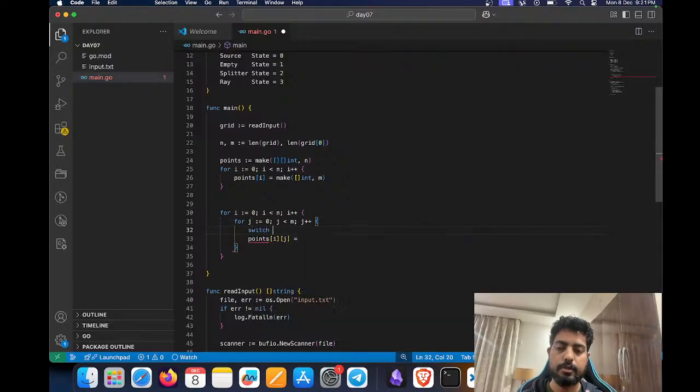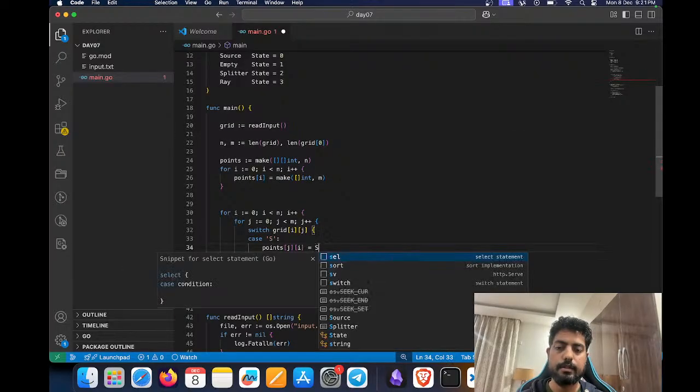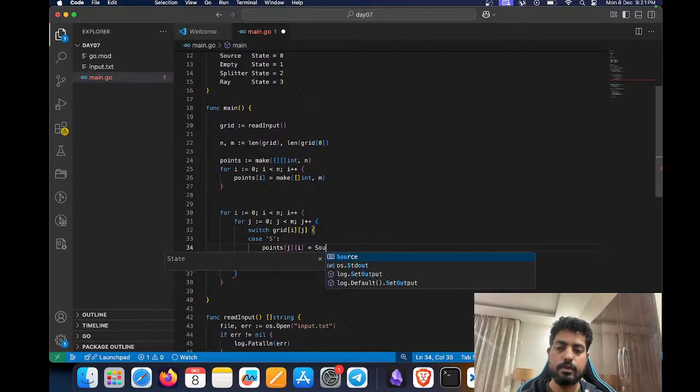So like switch grid i j. If it is source, then points i j is equal to source.